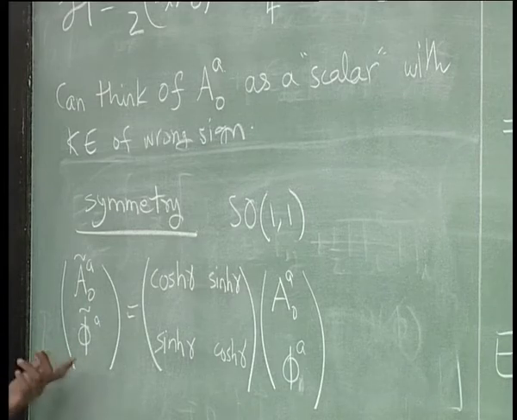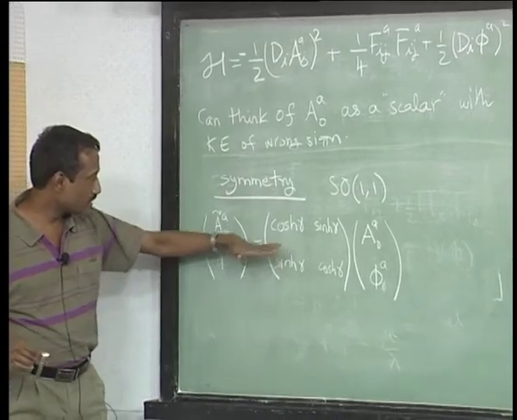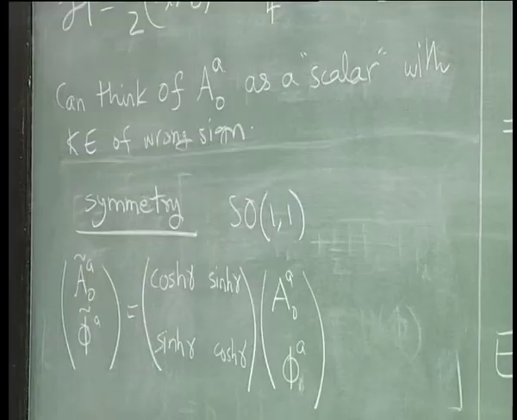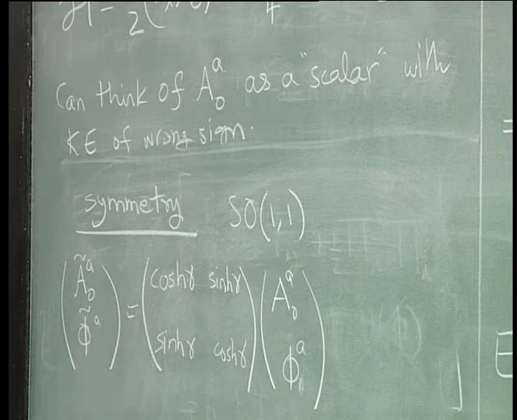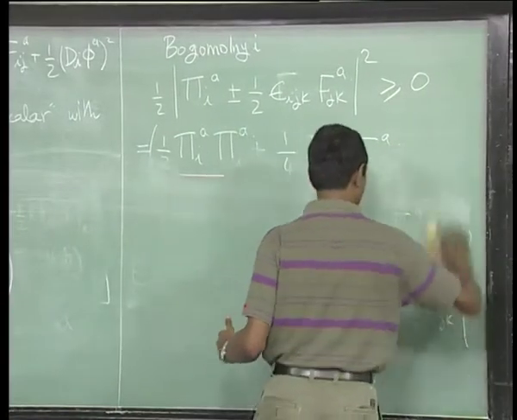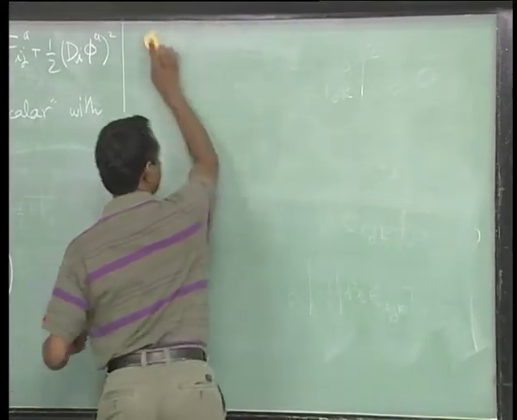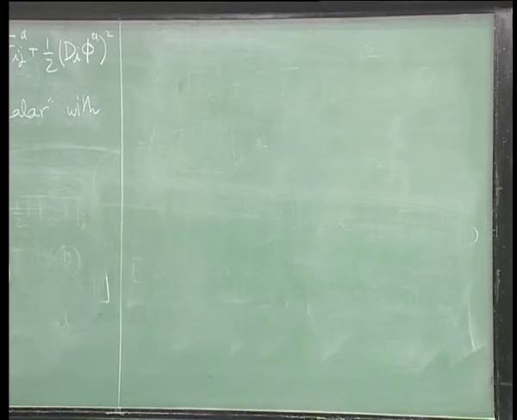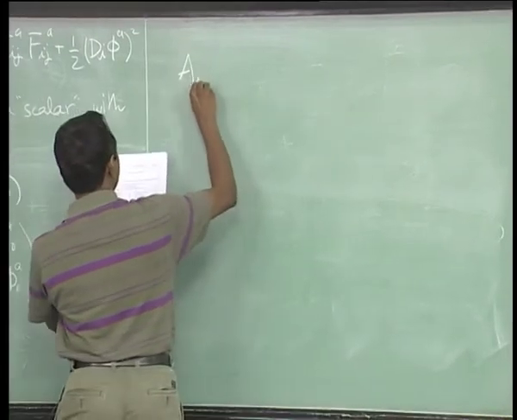What this tells you is that if you think of this as some kind of boost, you can boost this solution. So you take the monopole solution and just do this boost. At least at the level of solving things, it will give you a solution to the equations. In fact, the ansatz which was written out for a dyon, something which carries both electric and magnetic charge, was exactly of this kind.